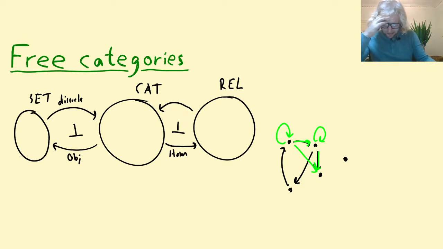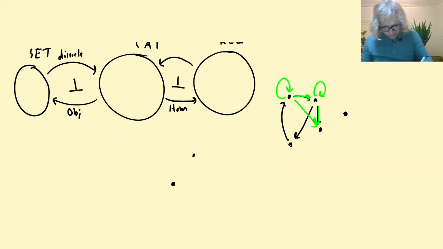And again, it has a kind of intuitive description, where we start with some relation like this. We have a bunch of objects that we want to keep, and some of them are related to other ones.